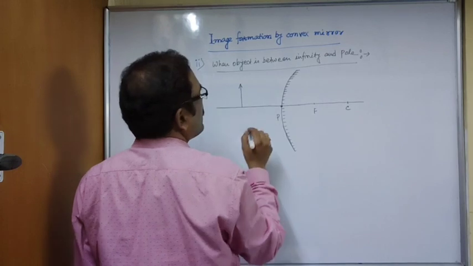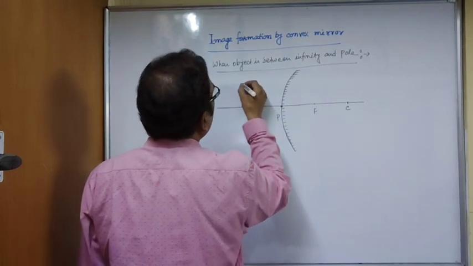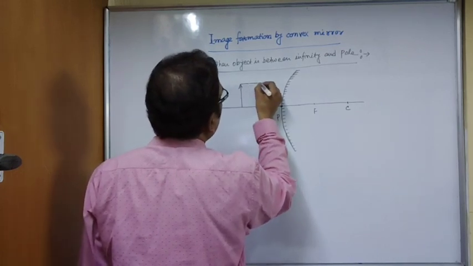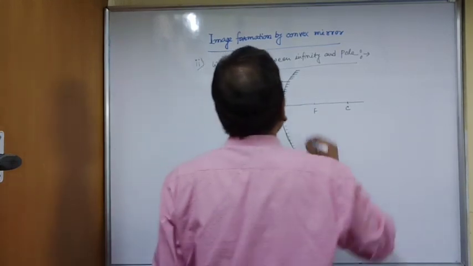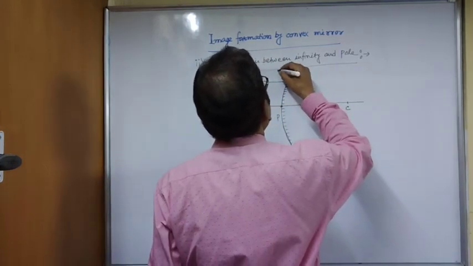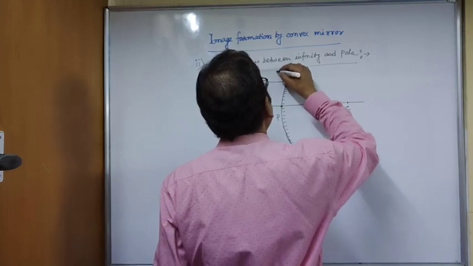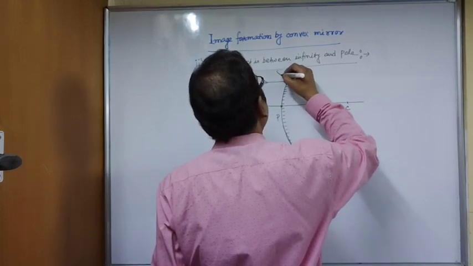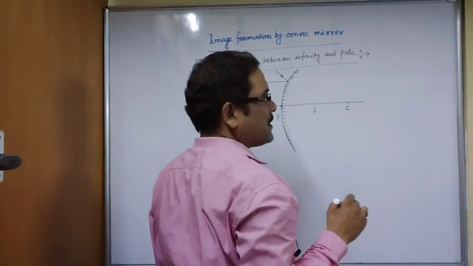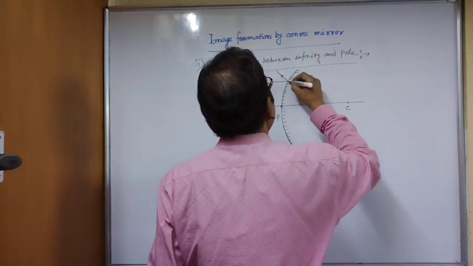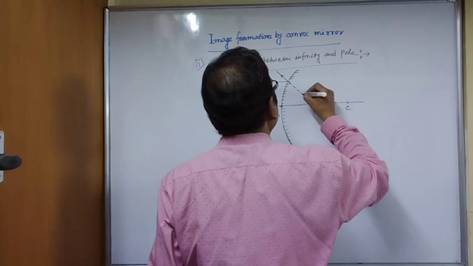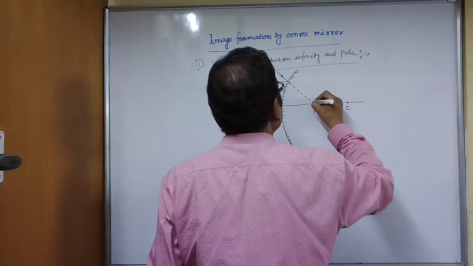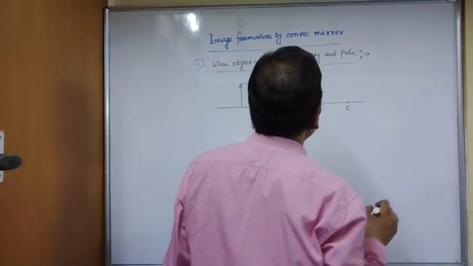So we will take a ray of light which is parallel to the principal axis like this. So this ray will reflect back, since the outer surface is the reflecting surface. But when you produce the ray backward, it will pass through the focus.